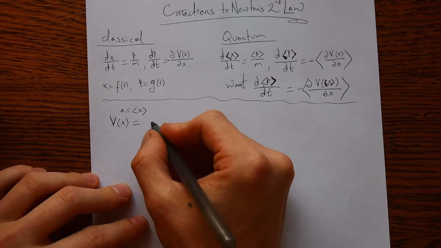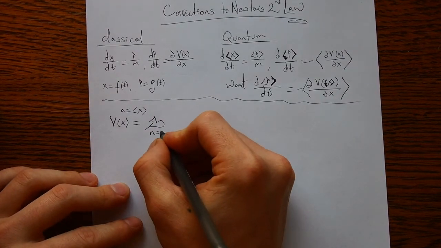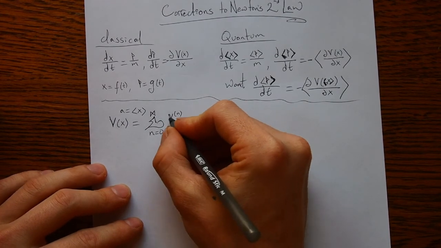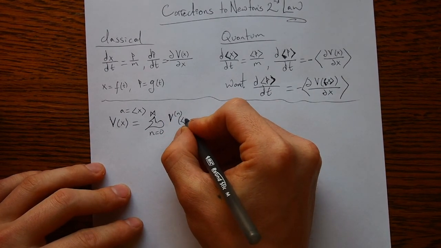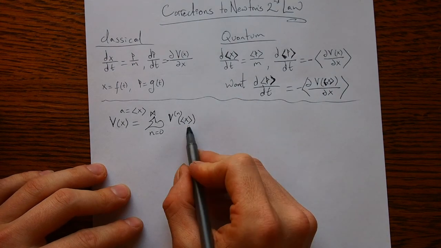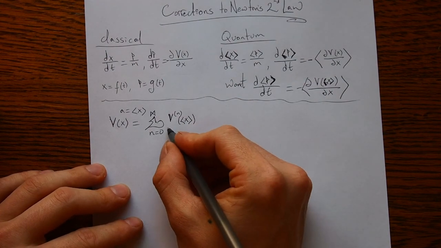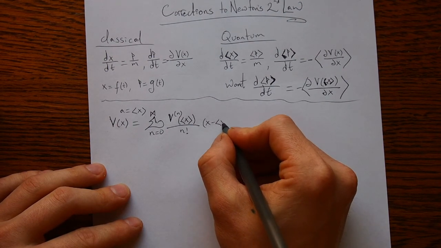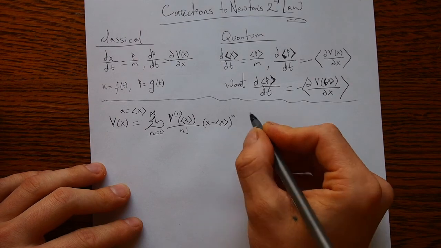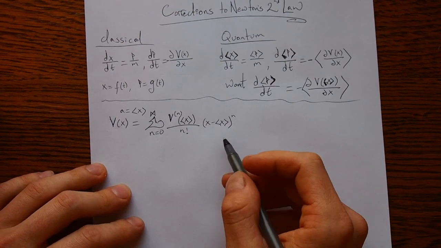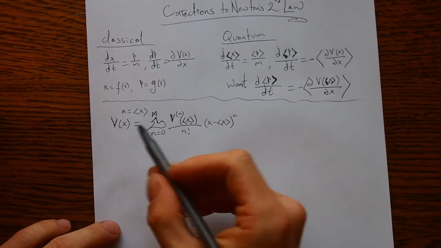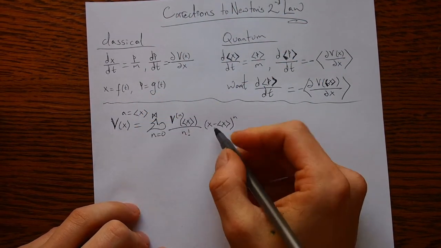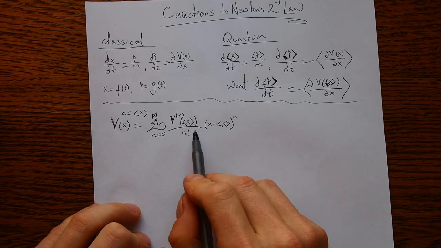If we write this out, we have the sum from n equals 0 to infinity of the nth derivative evaluated at the expected value of position, divided by n factorial, times x minus the expected value, to the power n. And that's just an expansion. That's just first year calculus. Instead of our function f, we have our potential energy, a function of position, and we want to expand around the point, the expected value of the position.